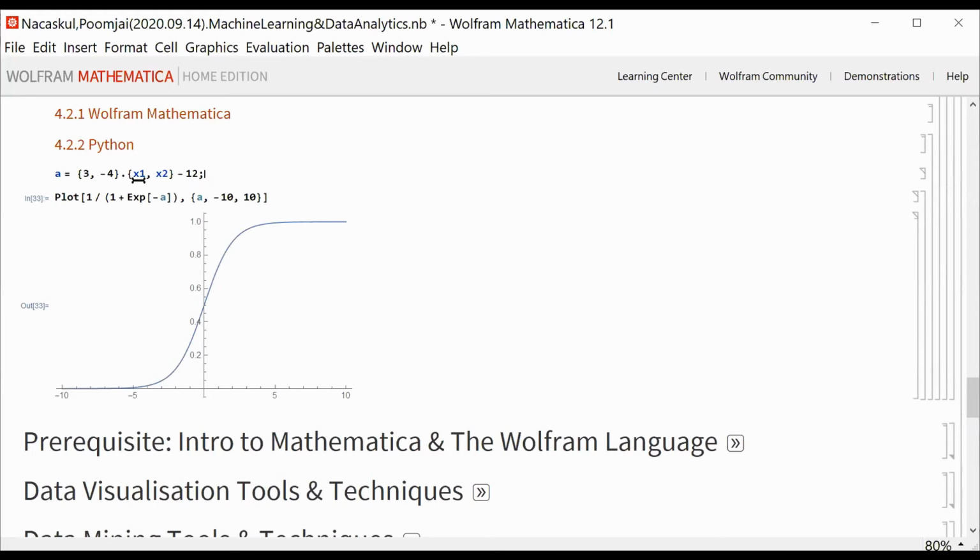Now let's see if I can do this instead. So I don't have a here anymore. I have this, right? So I have x1, and then I have x2. Let's make it minus 2 and 2.